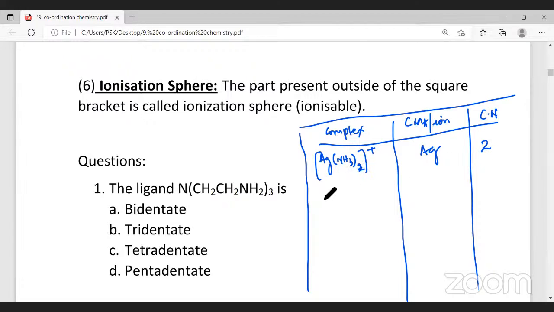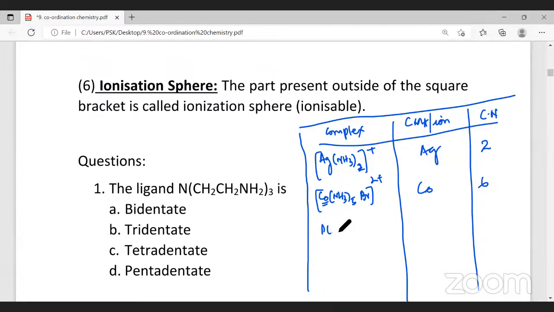If you take a complex like [Co(NH3)5Br]2+, the central metal is cobalt. How many ligands do we have? 5 NH3 and bromine, totally 5 plus 1. The coordination number is 6.